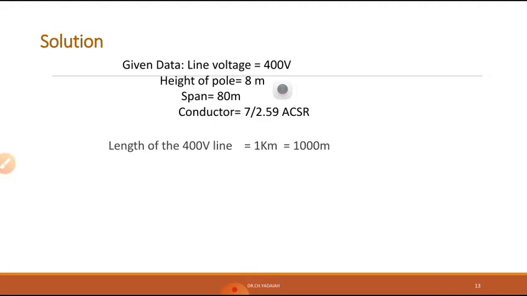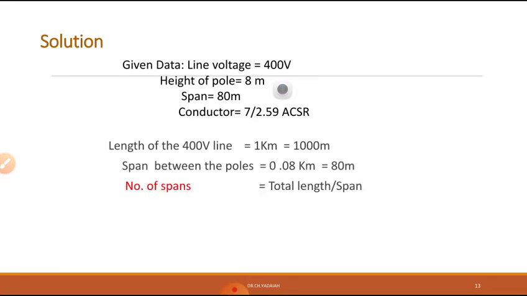So 1 kilometer is equal to 1000 meters. Based on the given length, we are going to calculate. Per kilometer, that means 1 kilometer, so 1 kilometer is equal to 1000 meters. Now the span between the poles is equal to 80 meters.